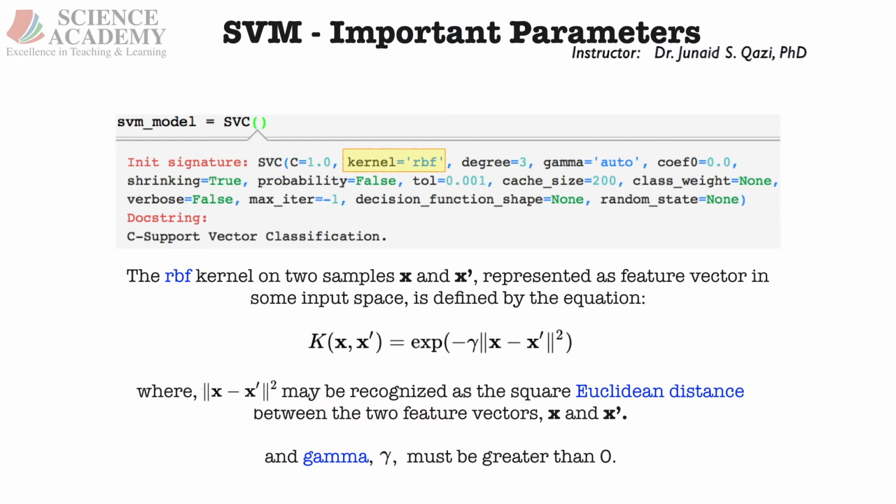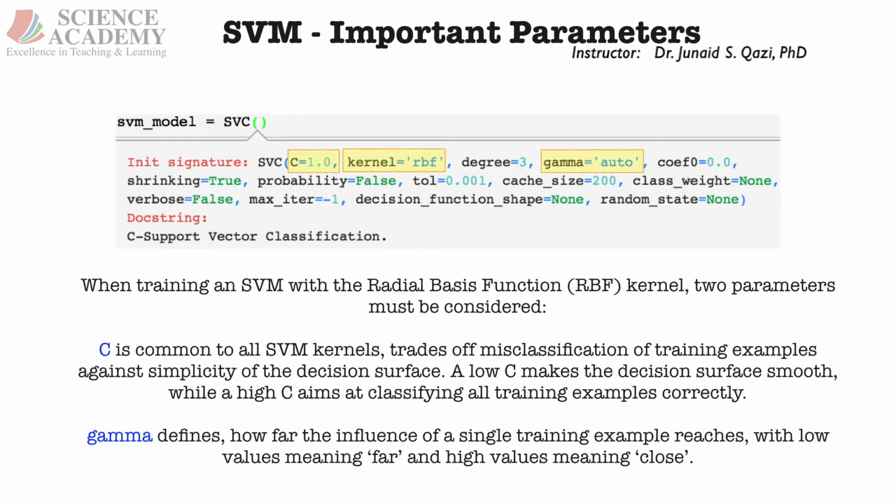And the keyword gamma must be greater than 0. When training an SVM with RBF kernel, two parameters must be considered, C and gamma.